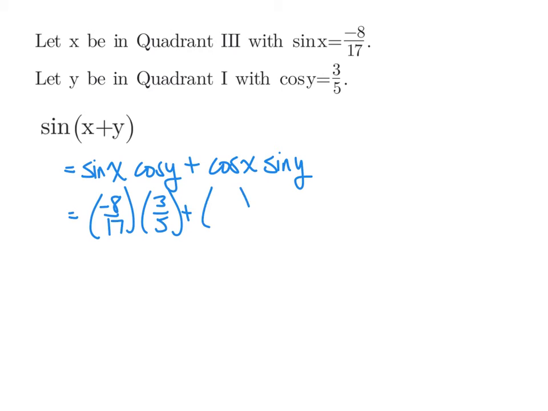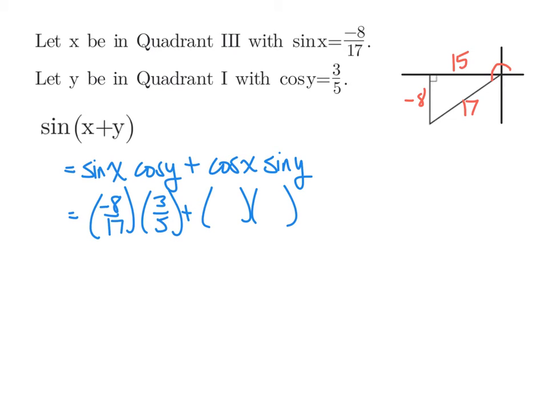And we're going to need these next two values. So we go back to taking a look at that quadrant 3 angle. Angle x is right here. And in its reference triangle, the sine of x is negative 8 over 17. And with the Pythagorean theorem, we see that this side is going to be 15.